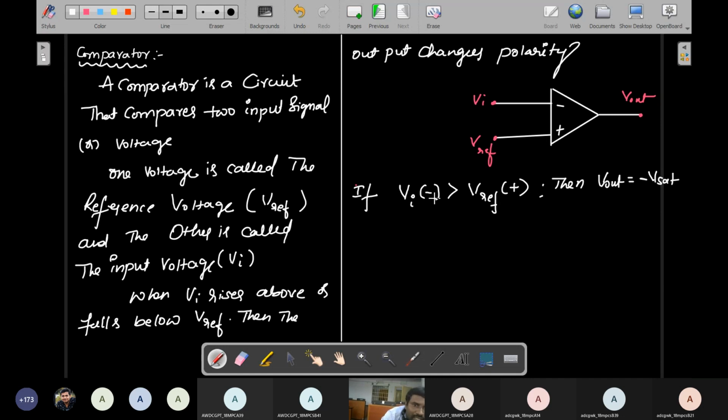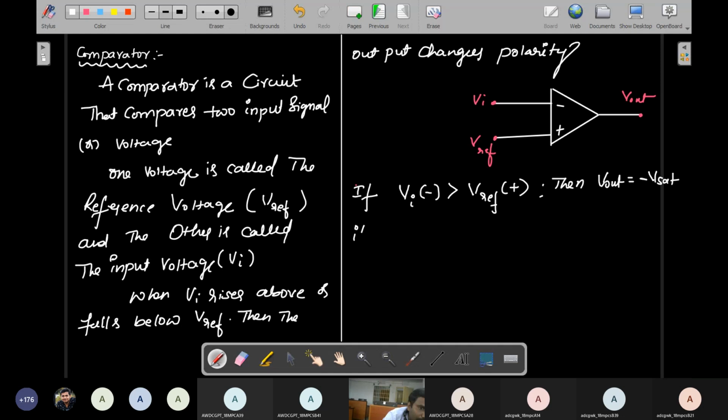So the condition is: in the inverting mode operational amplifier, if Vi is greater than V reference, then our output is always in negative saturation.